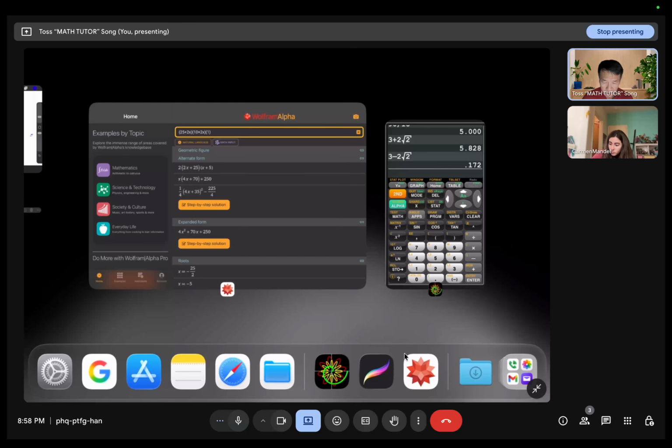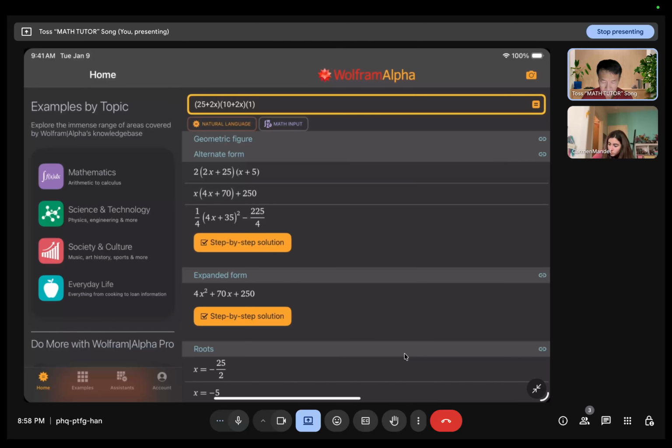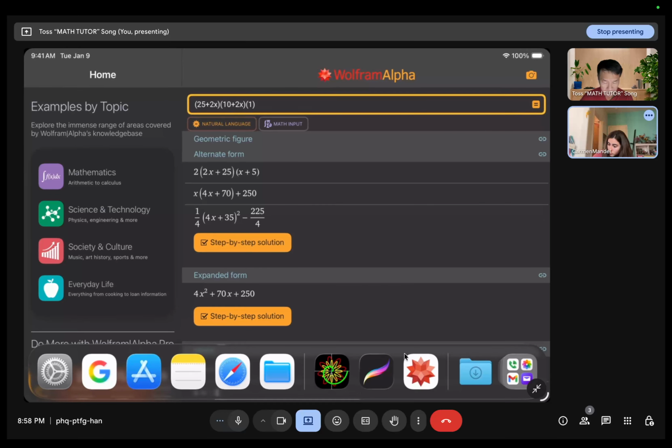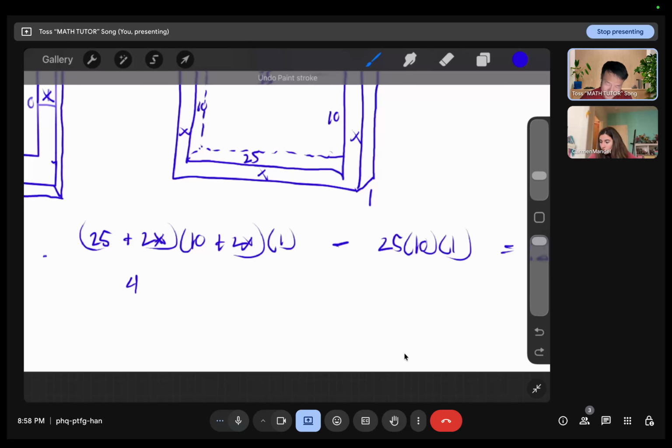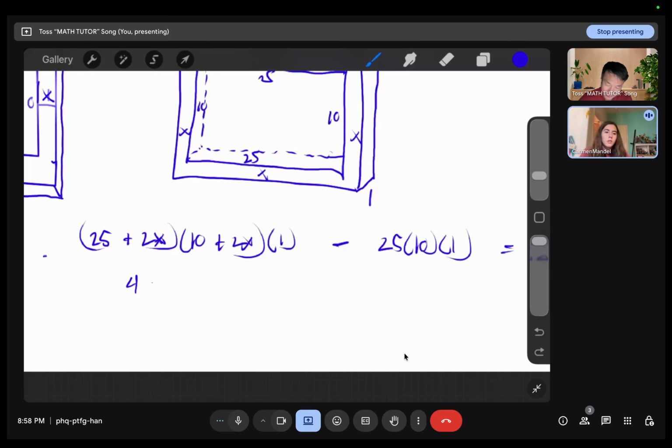Did you get that? 4x squared, 70x. Okay. Was it 40x? I forgot what it was. I thought it was 4x. Yep, 4x squared plus 70x, and then plus 250, and then minus 250.